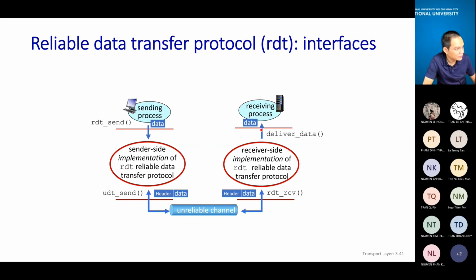Similar on the other side: we need to receive reliable data transfer, even though what we receive here is unreliable, we need to make sure that everything is correct so that we can deliver the data to the application.